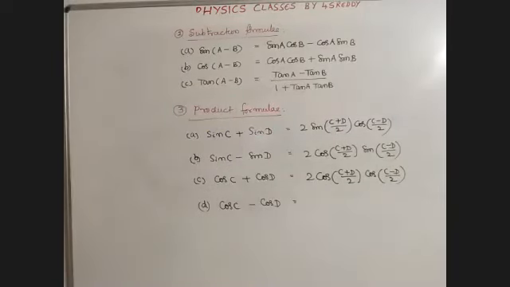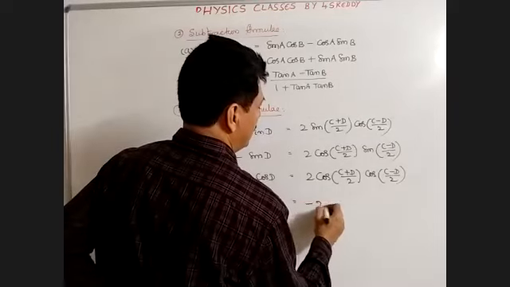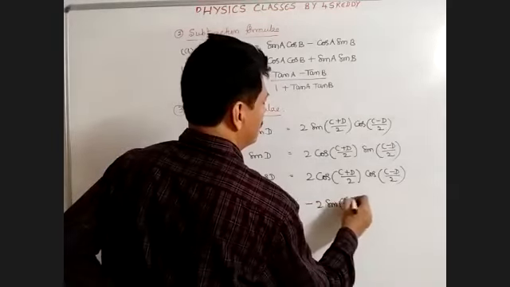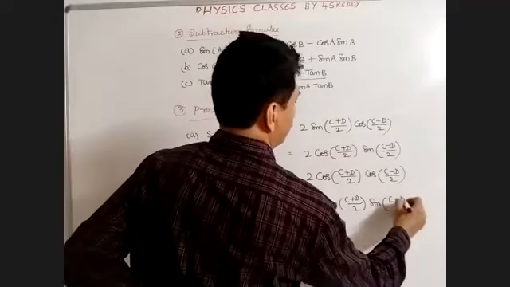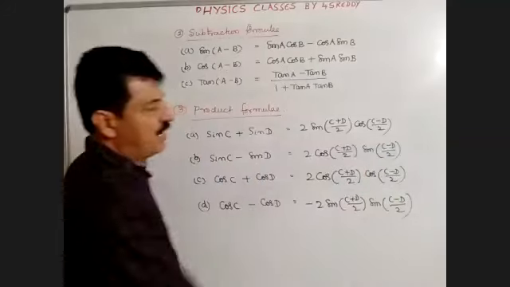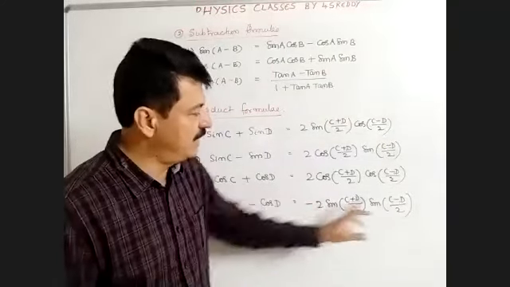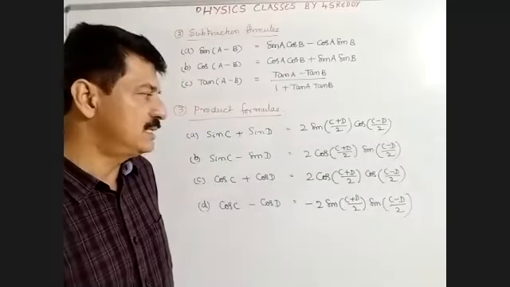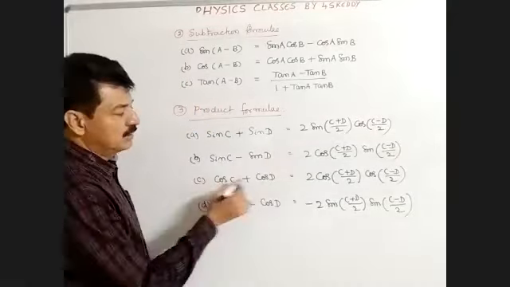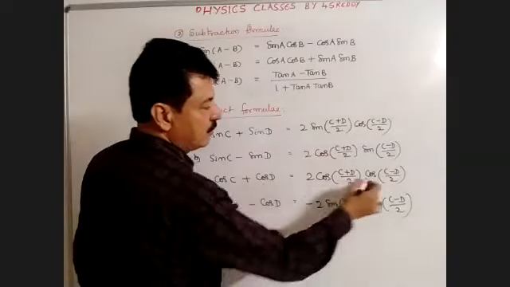2 sin C plus D by 2 sin D minus C by 2. Or otherwise, you can also write minus 2 sin C plus D by 2 sin C minus D by 2, because all are written in the form of C plus D. If both are cosine functions and they are adding, then both are cosine.